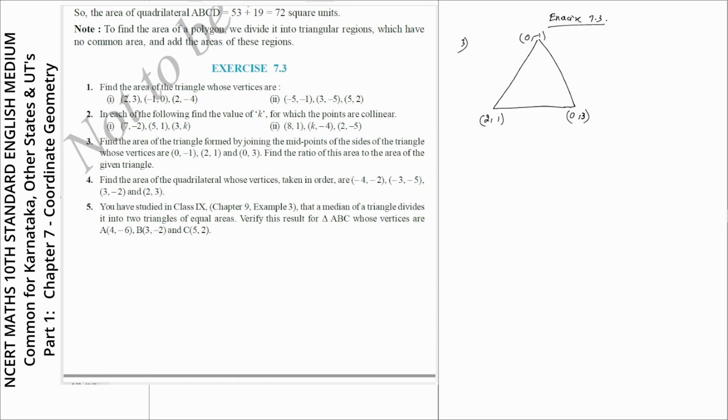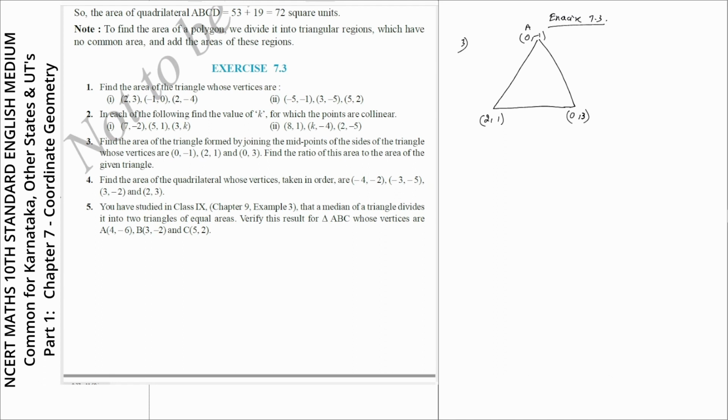Exercise 7.3, question number 3. Find the area of the triangle formed by joining the midpoints of the sides of the triangle whose vertices are 0, minus 1, 2, 1 and 0, 3. Find the ratio of this area to the area of the given triangle. Now let the points be like this.